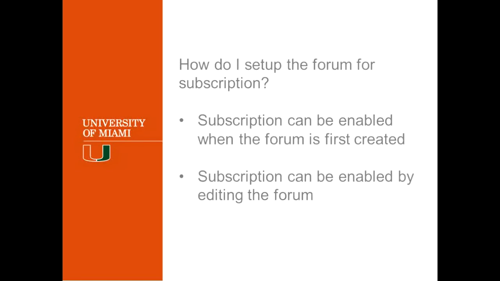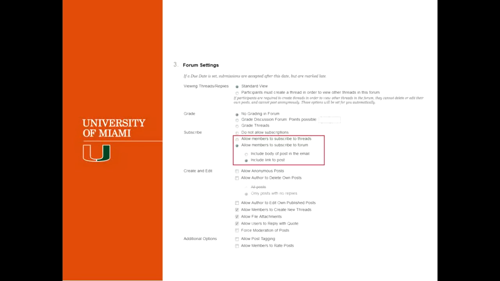So how do we set up the forum or the discussion board or the thread to subscribe? Well, it can be done when you first create the forum, or you can edit the forum and change the settings in there to allow the subscription. And this is how it looks when you create the forum or when you edit the forum.